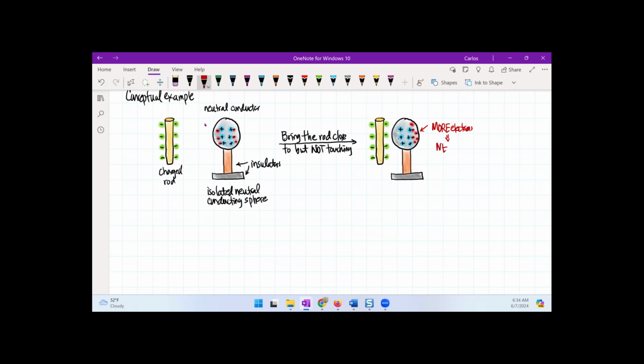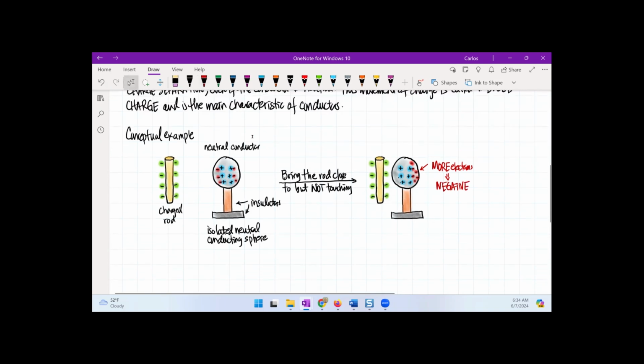So this is now more negative than positive. On this side right here, I have less electrons. So then that tells me that this is now positively charged. So now this is what we mean by induced. But this picture is not what's commonly drawn here.